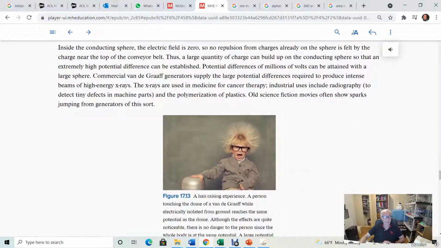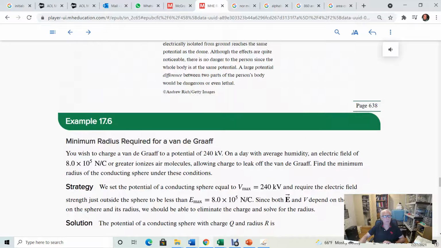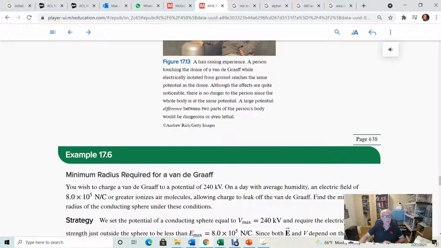So let's take a look here at an example. This is an interesting example. You wish to charge a spherical shell. Now think about the Van de Graaff generator, as a spherical shell to a very high potential of 240 kilovolts.